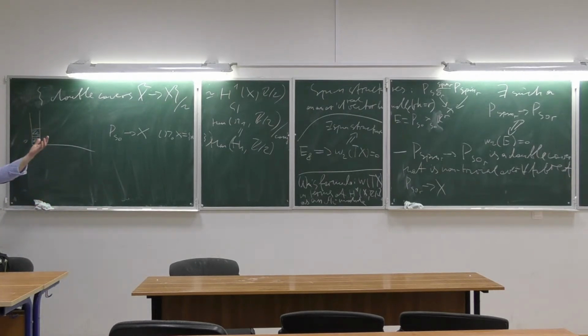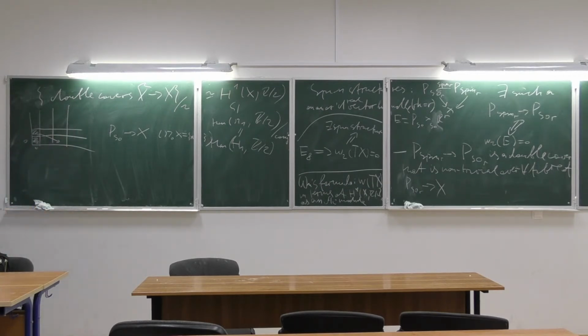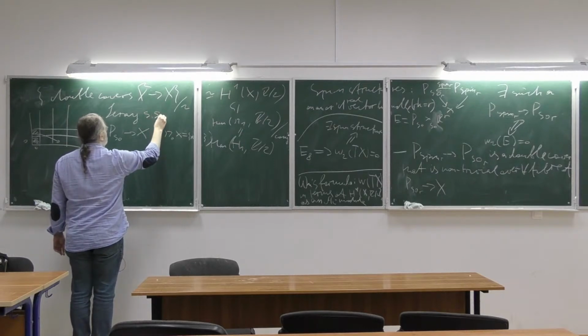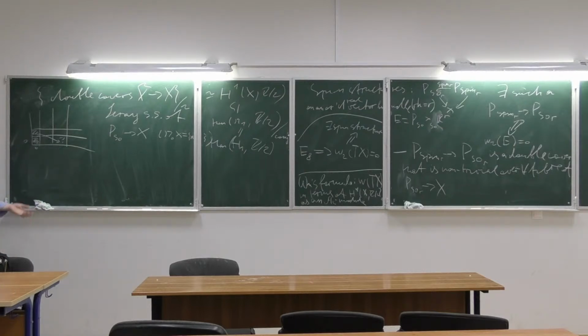Let's assume for simplicity that pi naught of X is trivial, then we have this diagram which represents the second page.